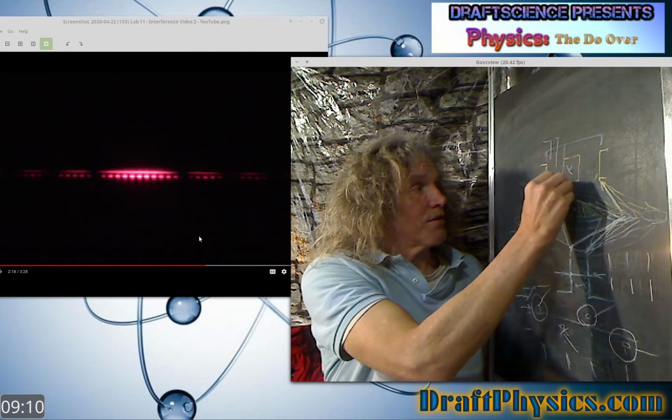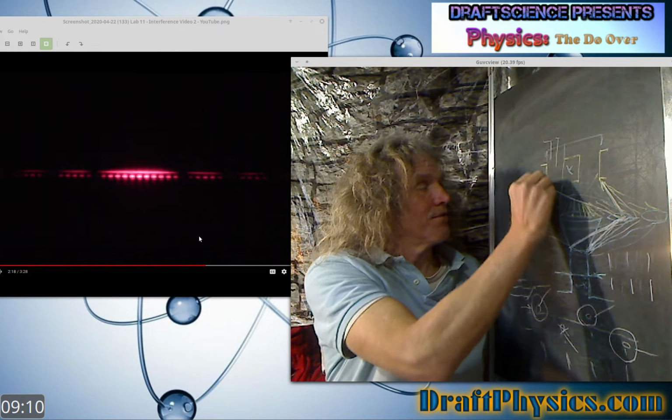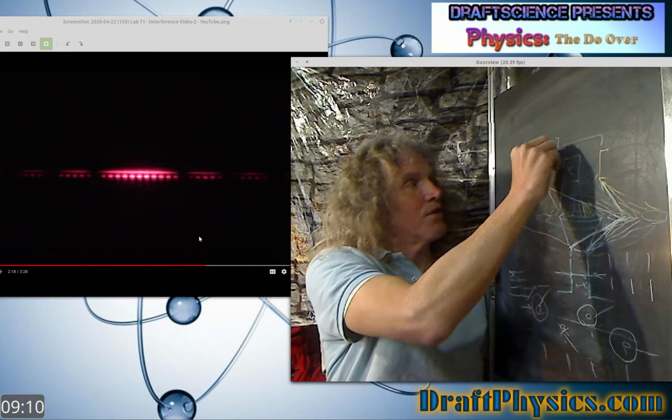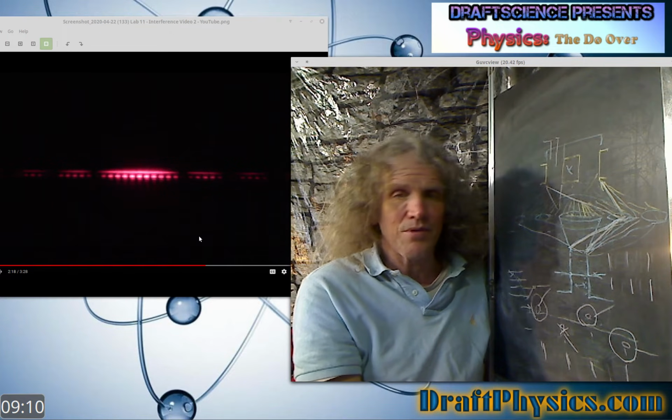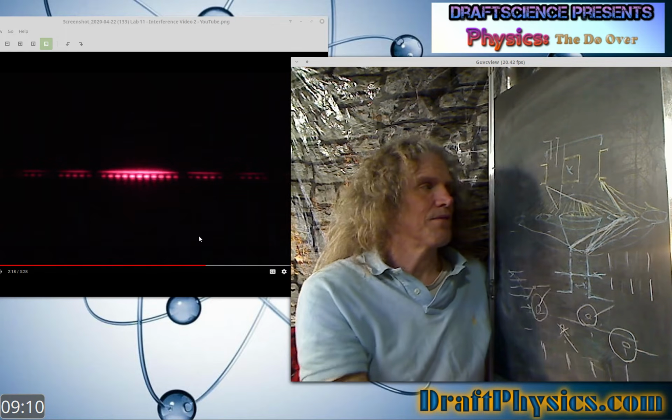And because one of them takes a shorter path length, you're now able to reconstruct the pieces from two out-of-phase photons into a photon.